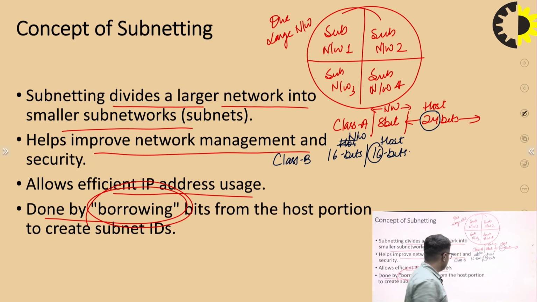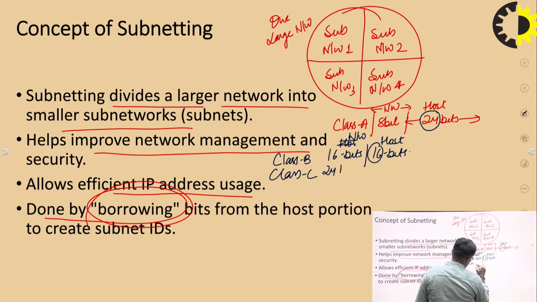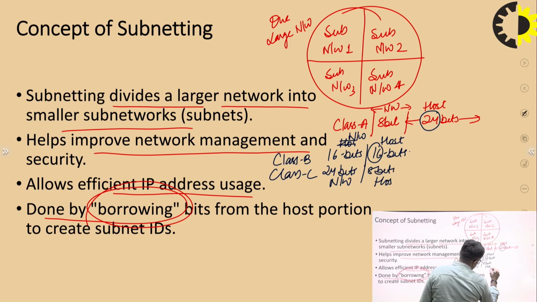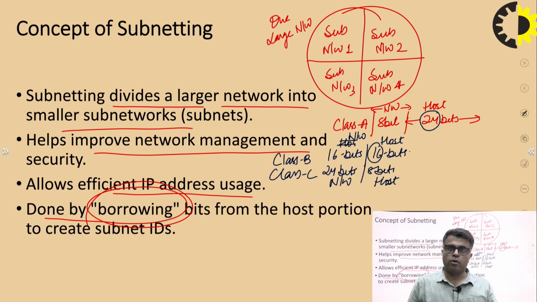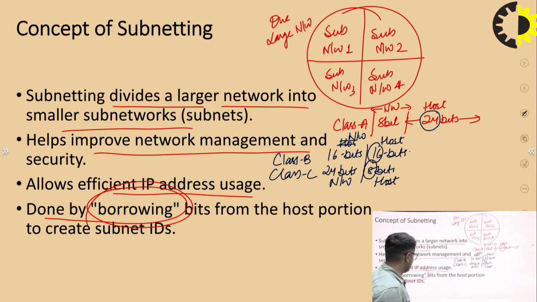Similarly for class C, there will be 24 bits in the network and 8 bits in the host. So if you want to break a class C network, then we have to borrow some bits from these 8 bits of the host. So this is the strategy we are going to use, a borrowing strategy for creating the subnetworks.